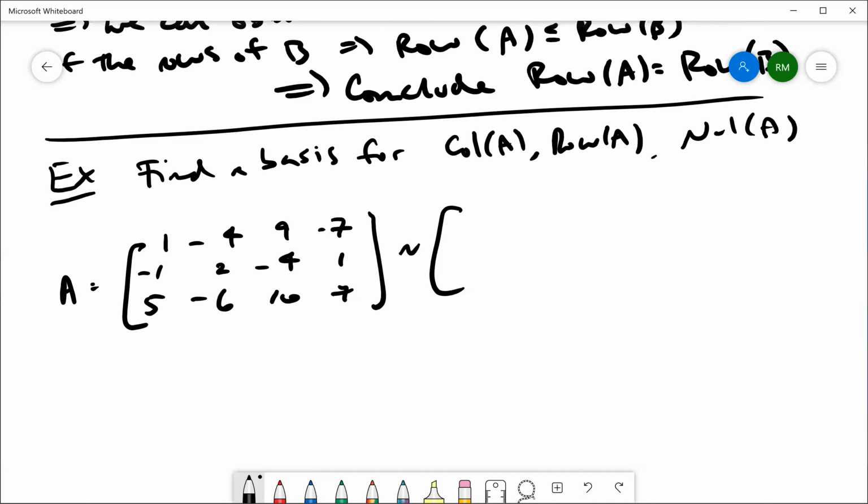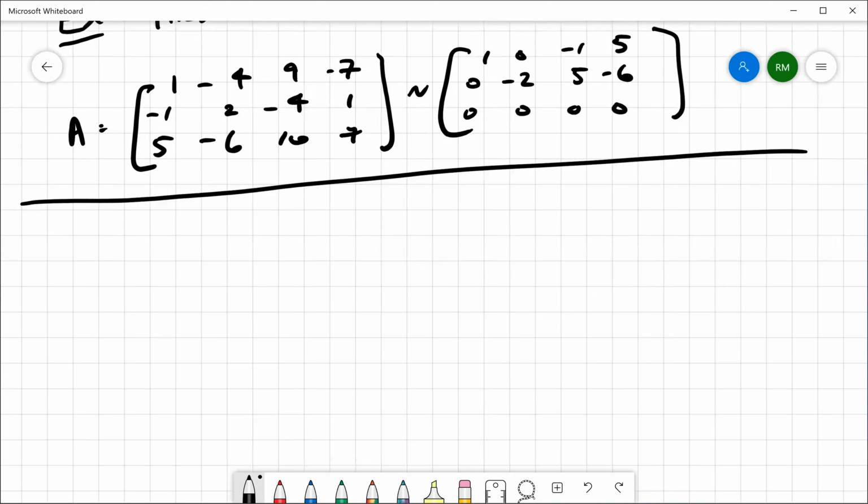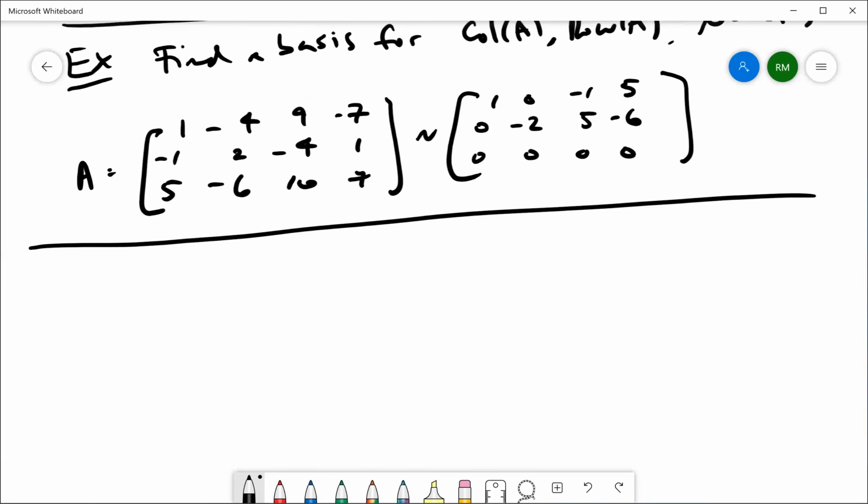And if I row reduce it, I get the following. So go ahead and work in your notes and identify a basis for the column space, the row space, and the null space. All right. Now you've had a chance to do that, let's work out what we can.